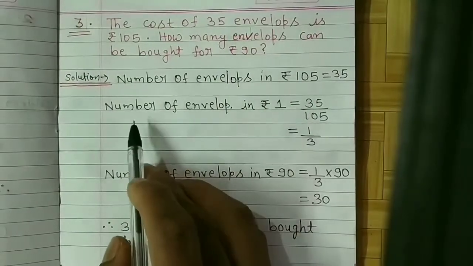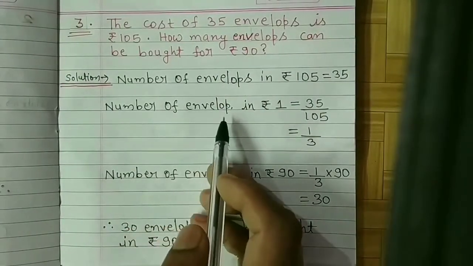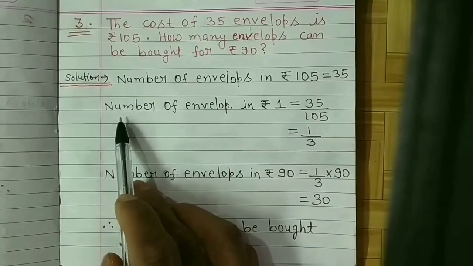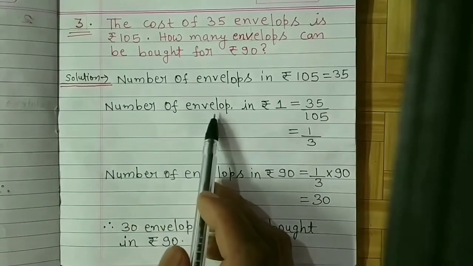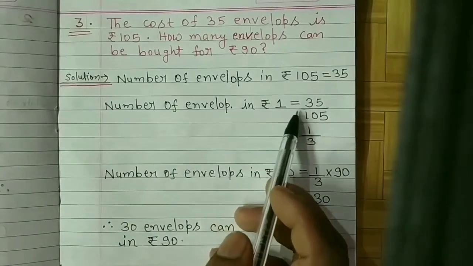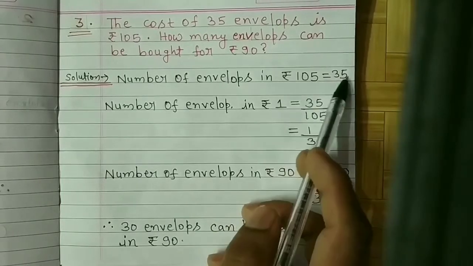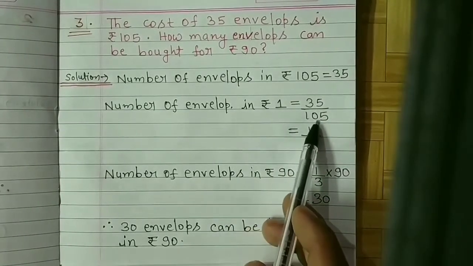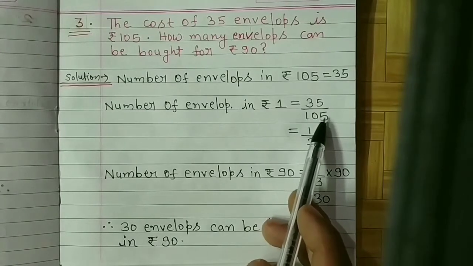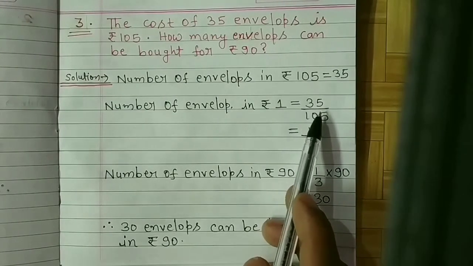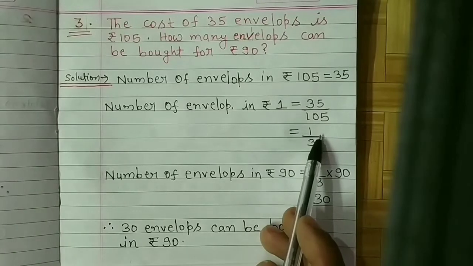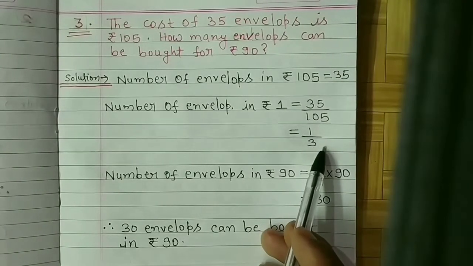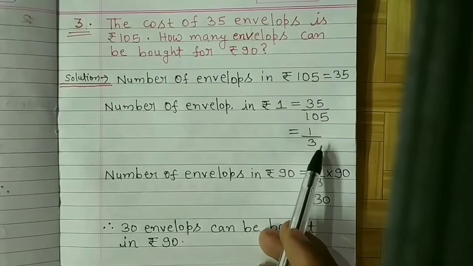We are going to write number of envelopes in rupee 1. So here I have written: number of envelopes in rupee 1 equal to the division of these two numbers, 35 by 105. This number 105 will not divide 35 completely, so its simplest form is 1 by 3. You already know that.